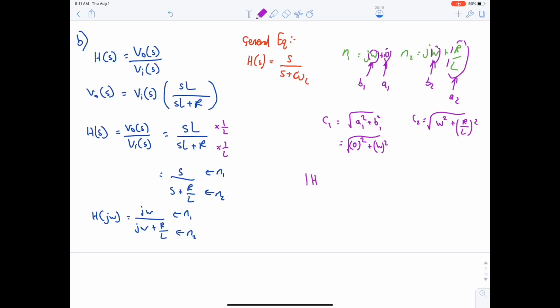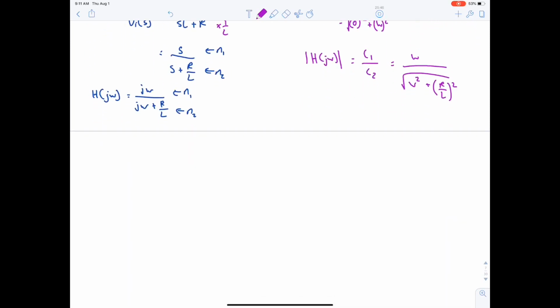So the magnitude is C1 over C2, which is omega over the square root of omega squared plus R over L squared, because the squares cancel each other out. This is the magnitude. Now, after finding the magnitude, you have to substitute in values of the frequencies.